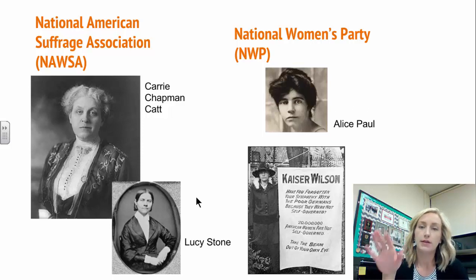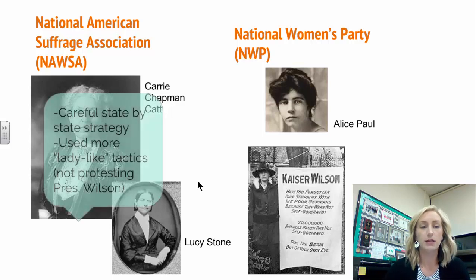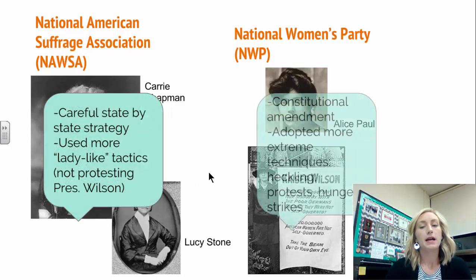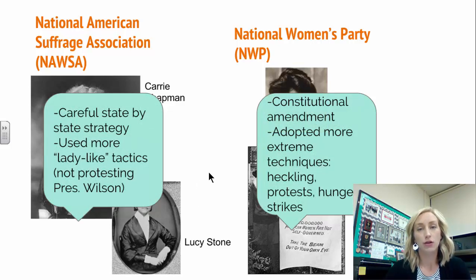On the other side, we have the National Women's Party under Alice Paul, and they were a little bit more extreme in their methods, in that they wanted a constitutional amendment. They were not okay with moving slowly from state to state. They said, we want a constitutional amendment now. And so they adopted more extreme techniques like heckling and protesting, including protesting President Wilson.